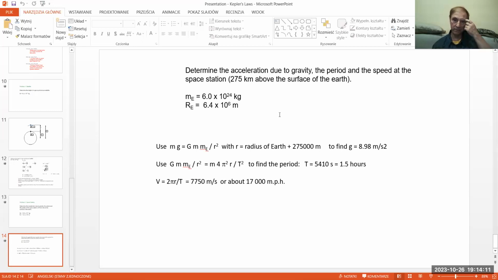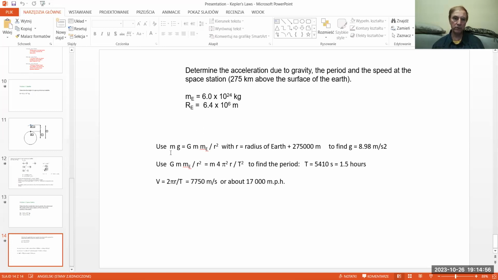In order to find the acceleration due to gravity, we need to apply this formula. The left-hand side stands for the weight of this space station, and g stands for the gravitational acceleration, or in our case, so-called terrestrial acceleration. Right-hand side is the gravitational force, of which we've already spoken.